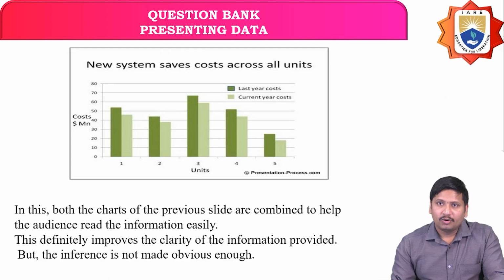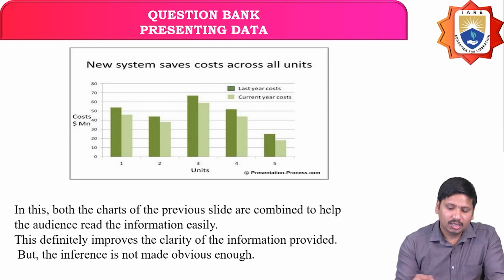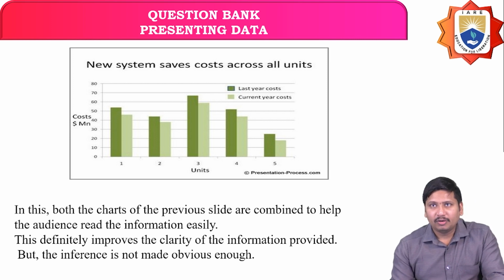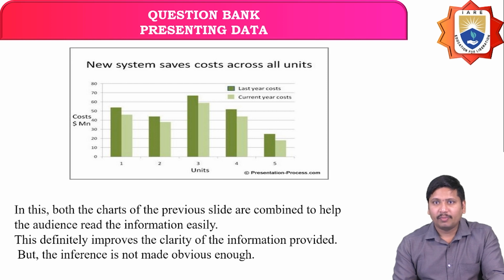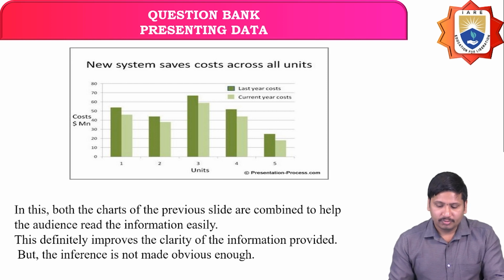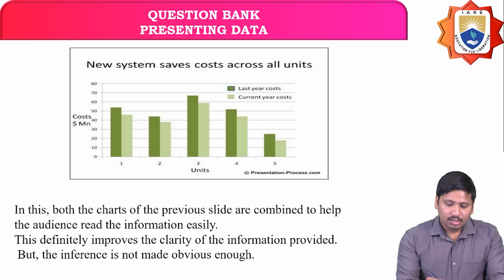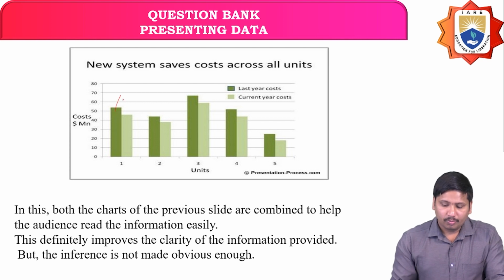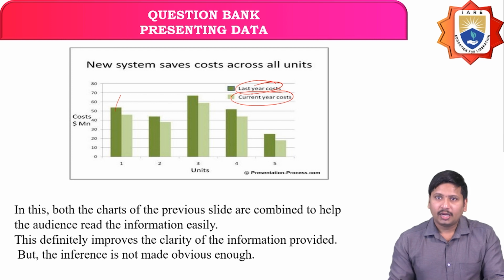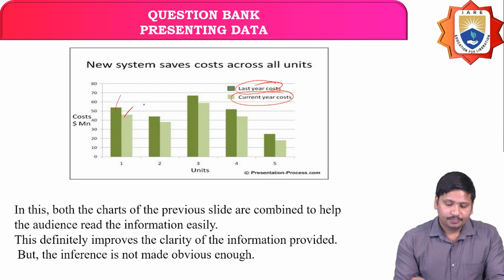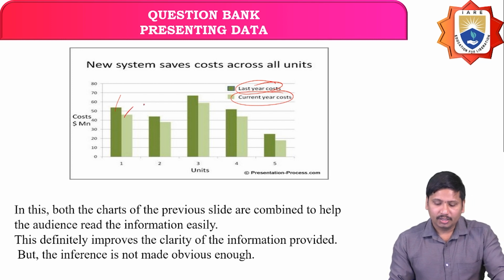So instead of representing two separate bar charts for two separate years, one of the best solutions is a single chart with multiple bars, where we can make the comparisons between them. Suppose dark green represents last year's cost, and light green represents the current year's cost.